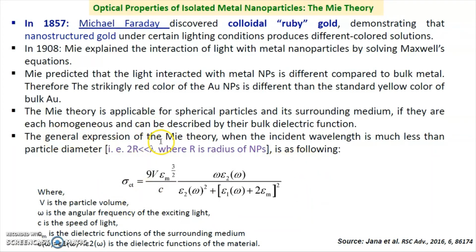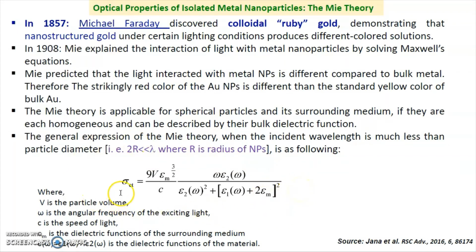The general expression of the Mie theory applies when the incident light wavelength is much larger than the particle diameter. Suppose we have gold nanoparticles of radius capital R, and lambda is the wavelength of the light. When 2R, which is the diameter of the gold nanoparticles, is much smaller than the wavelength of the incident light, then this equation is satisfied.